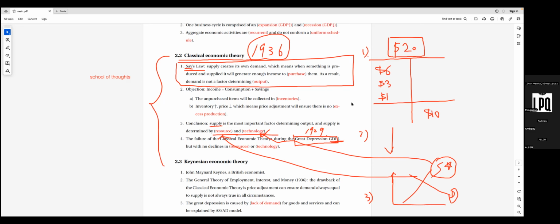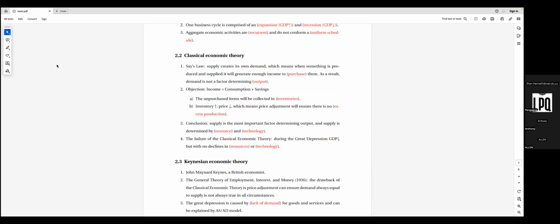So this is reasonable. We are considering a very long single time period. It's about the time span. So if we consider this a single time period, classical theory is right.